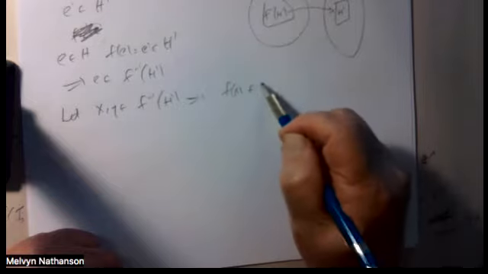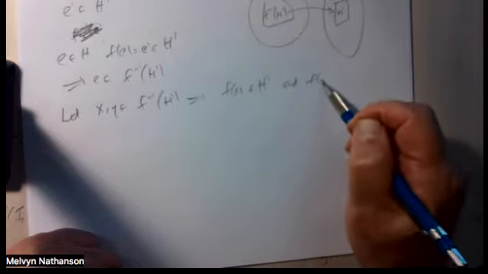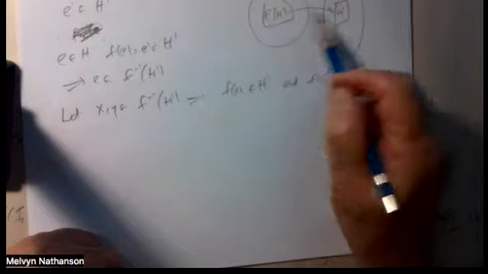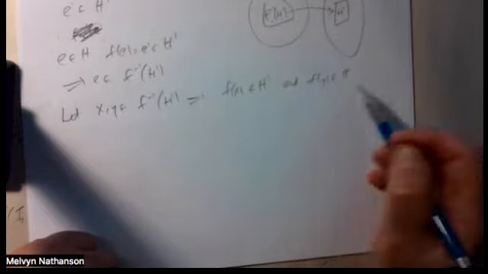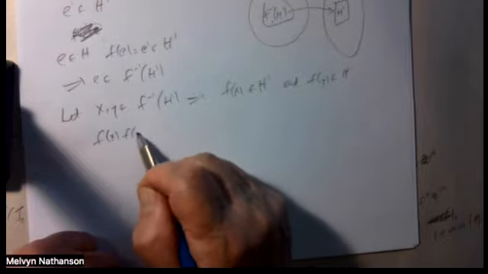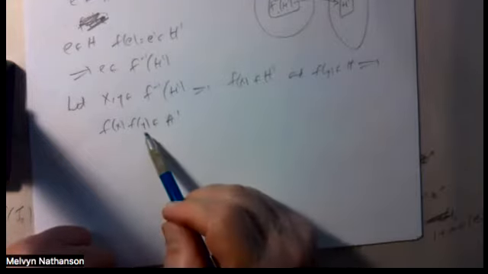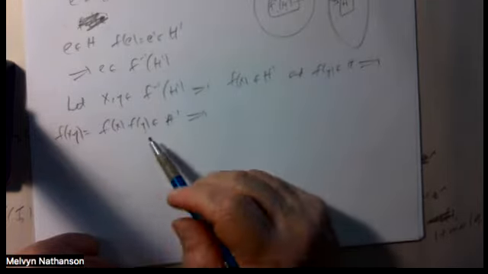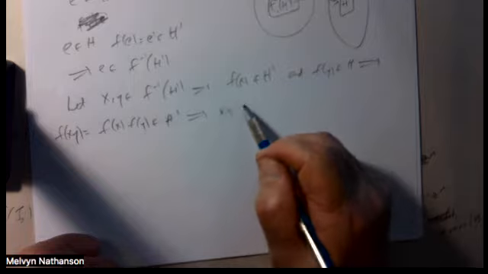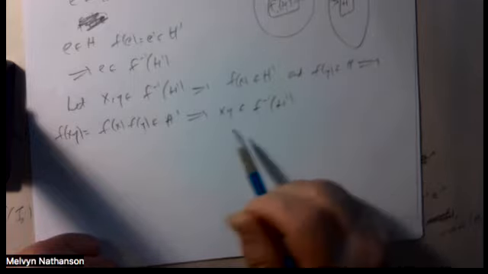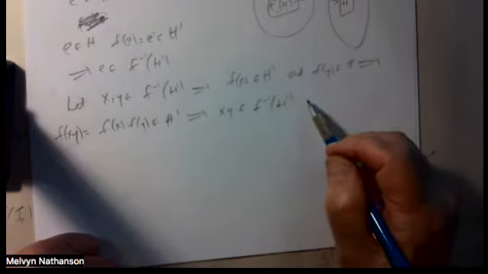That means that f of x is in H prime and f of y is in H prime. Those two elements get sent over here, which means, because H prime is a subgroup, f of x times f of y is in H prime. H prime is a subgroup, so it's closed under multiplication. But f of x times f of y is f of xy. So xy gets mapped into H prime, so xy is in f inverse of H prime. So f inverse of H prime is closed under multiplication.